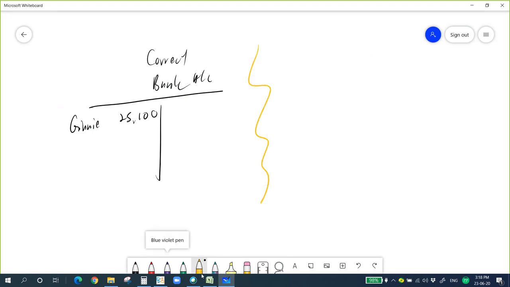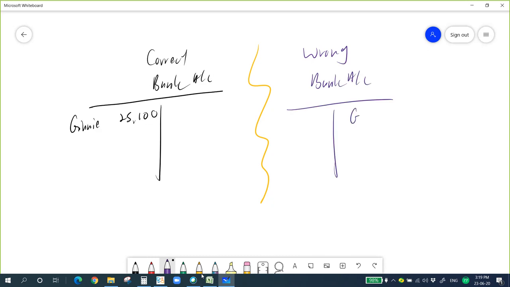But they have recorded it wrongly. The wrong one: bank account, they show the collection from Genie 25100 in credit. So tell me how you change from a wrong one to the correct one.